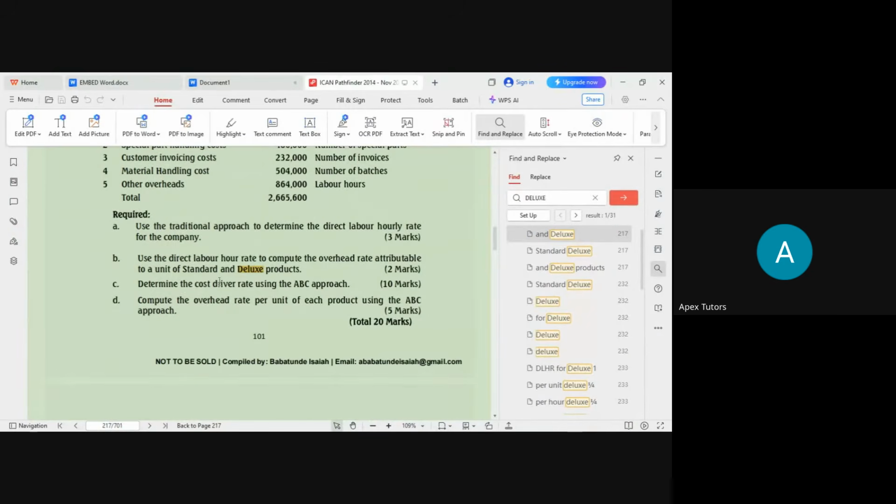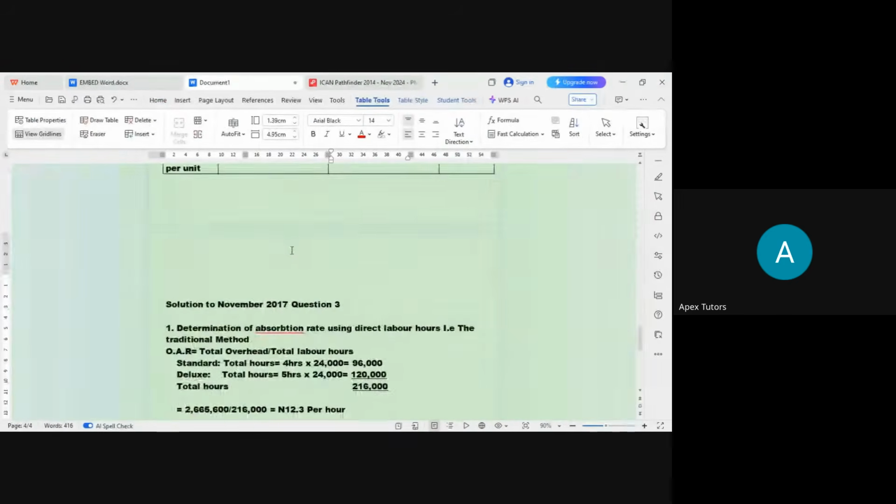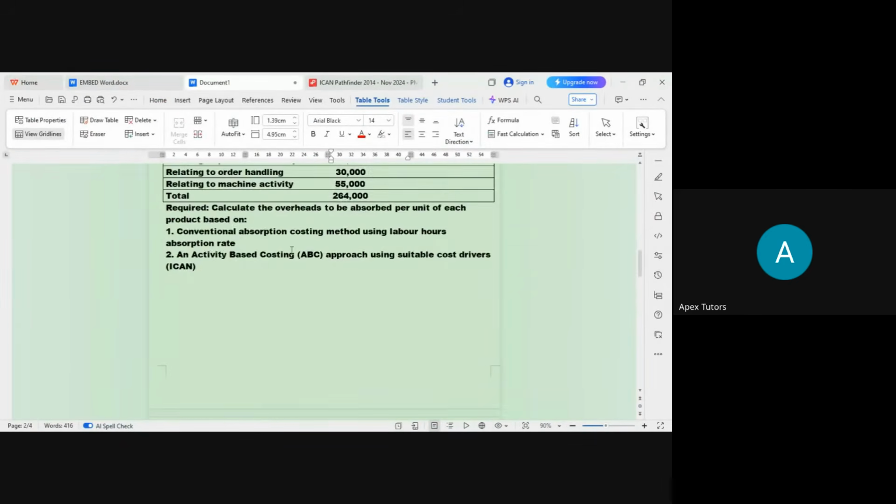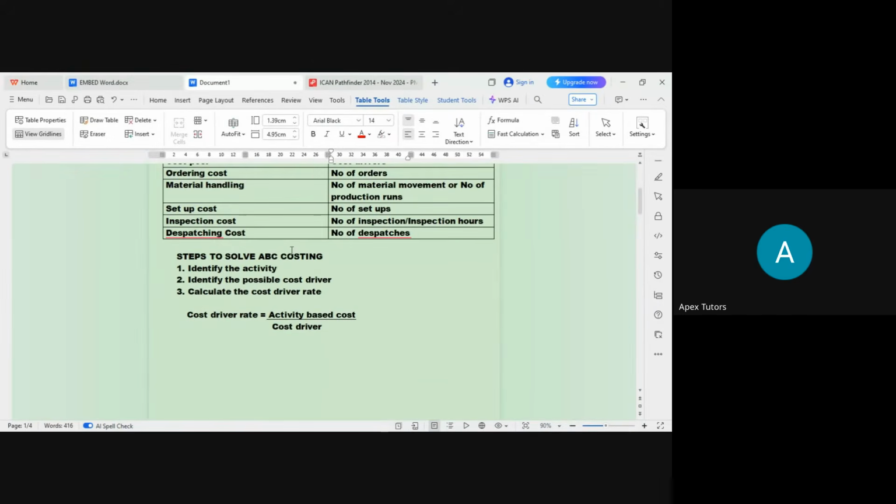The next point where there are some little complication is C and D. But there's no complication there. C and D, we just show the workings. Determine the cost driver rate using the ABC approach. When you're asked to do the ABC approach, what do you need to do?